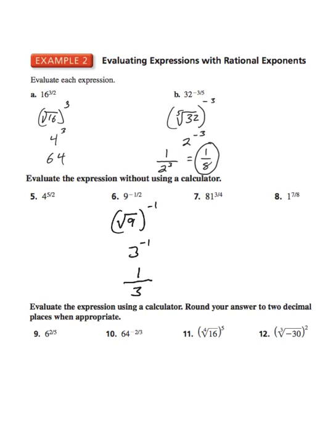Wait, are we supposed to know 4 through 81? Are we supposed to know these in our head? No, right? You will get to know them. You'll become more familiar as we do more of them.